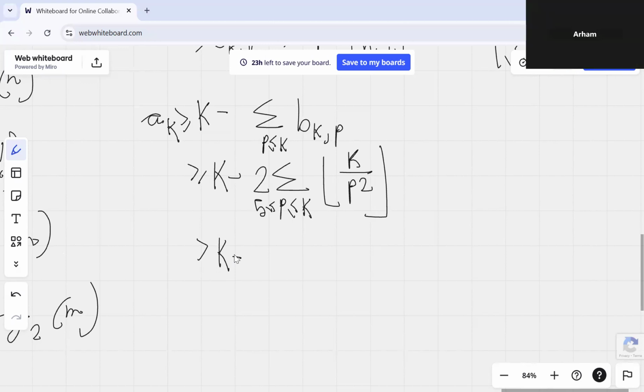Wait, do we need the floor or can we remove that? Oh, floor can be removed. So I'll just remove it now. If we remove the floor, there will be a +1 sign. So +2.